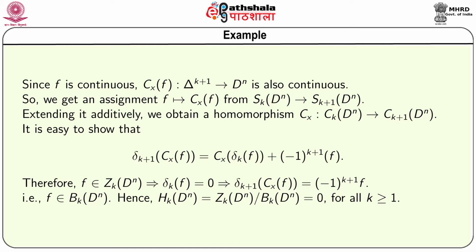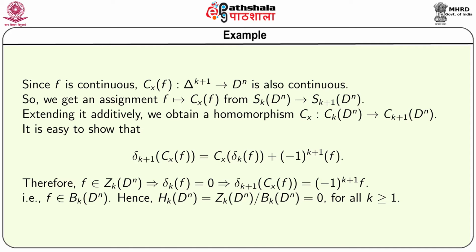So, we get an assignment f goes to C_x f, which defines a map from C_k(D^n) to C_(k+1)(D^n) by extending this assignment additively over C_k(D^n). And it can easily be seen that this function is a homomorphism.